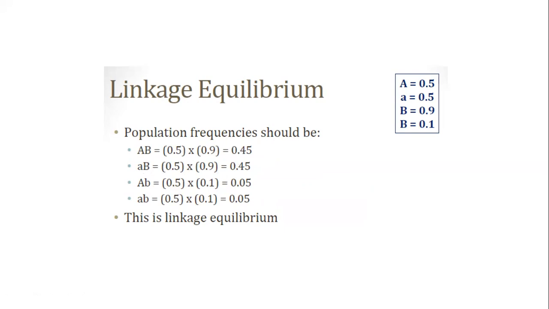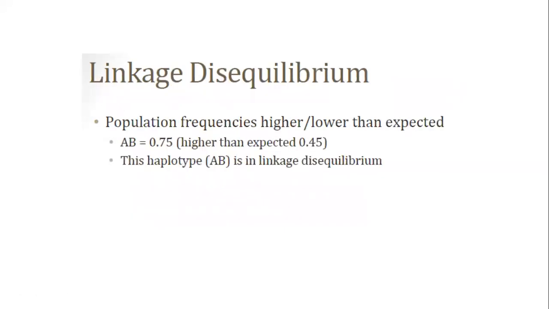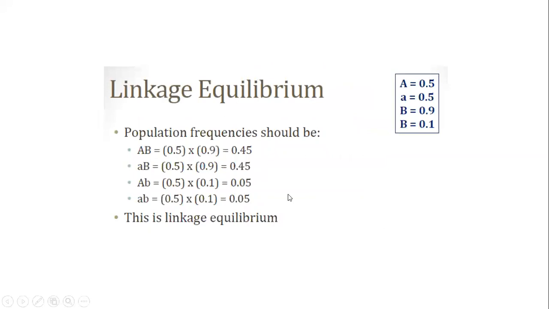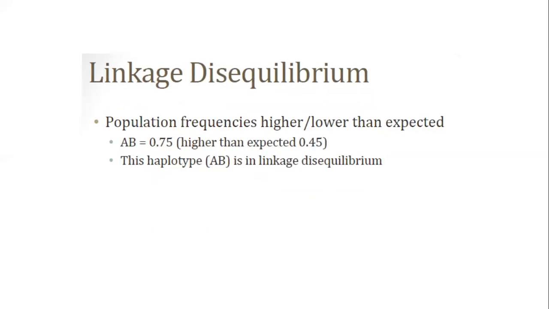And this is linkage equilibrium if this calculation is the same as what is found in the population we are studying. But in linkage disequilibrium, the population frequencies are higher or lower than expected. I mean, when what we have calculated is different from the real combination frequencies in the population, this is called linkage disequilibrium.